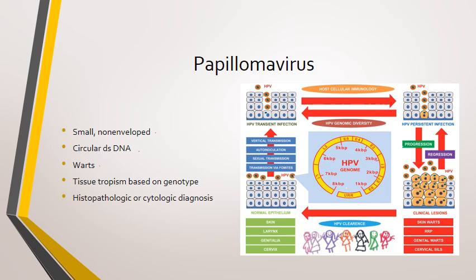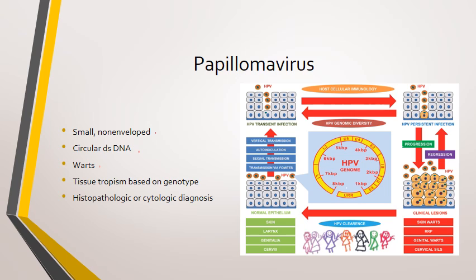Papillomavirus is another fairly well-known virus family that is able to infect many species, so it can cross over from species to species. This is a small, non-enveloped circular double-stranded DNA virus that's known to cause warts.